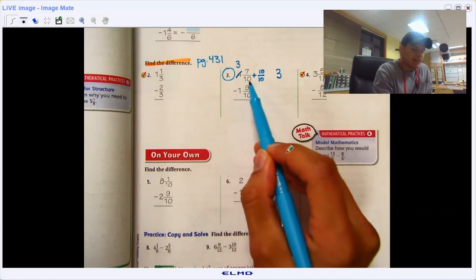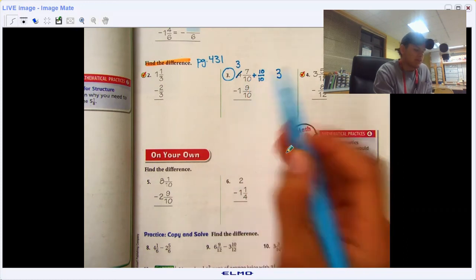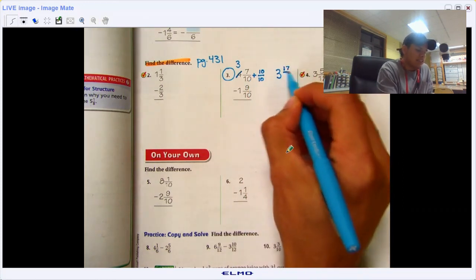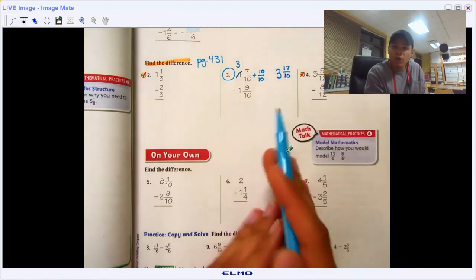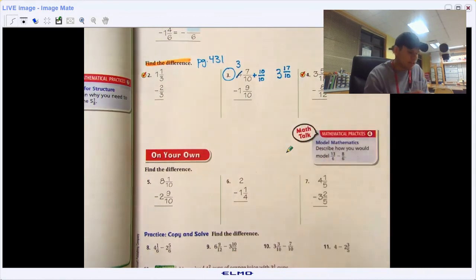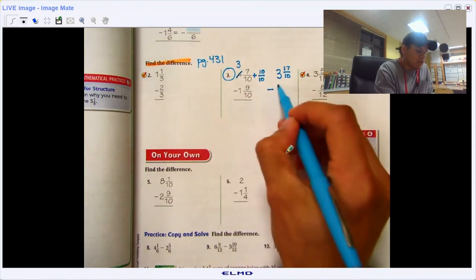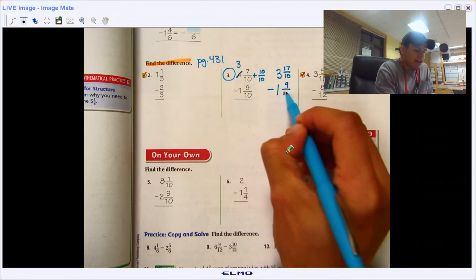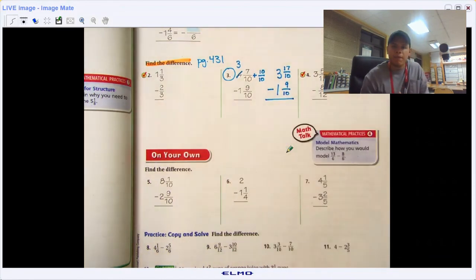And now we can add our fraction. 7/10 plus 10/10 is 17/10. That is okay for now. Even though it is an improper fraction, it's okay just for now. And we want to subtract 1 and 9/10. Okay? Now we can subtract like we've been doing.